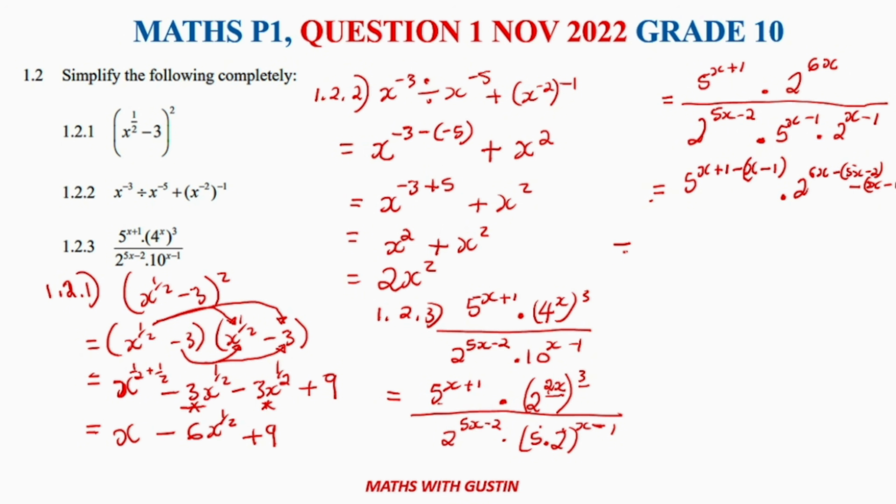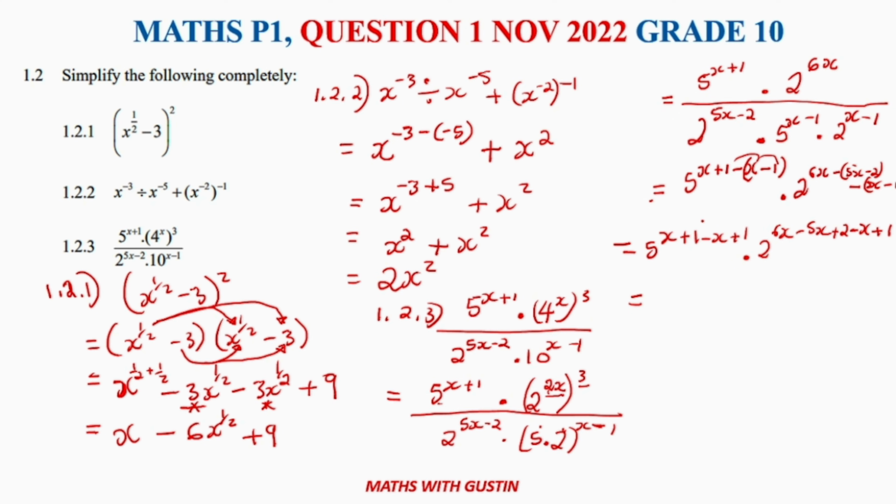I'm just going to write it a little bit closer this side. So it's 5 to the power of x plus 1. When you multiply by the negative throughout, you're going to have negative x plus 1. Therefore also 2 to the power of x. Then you multiply by the negative throughout, there you're going to have negative 5x plus 2, and therefore you're going to have negative, even here as well, negative x plus 1.